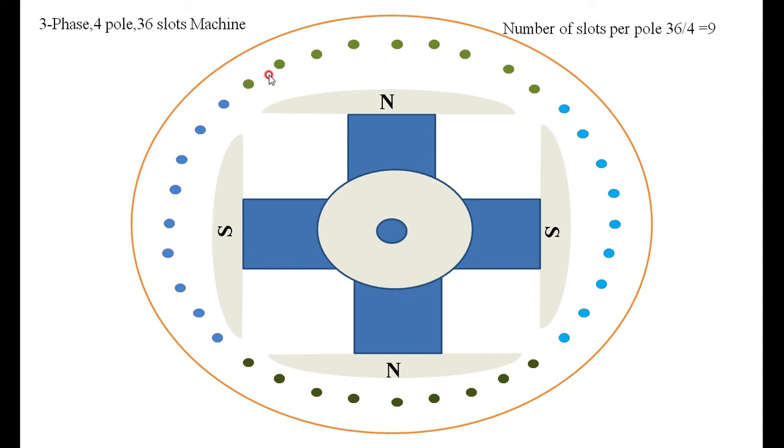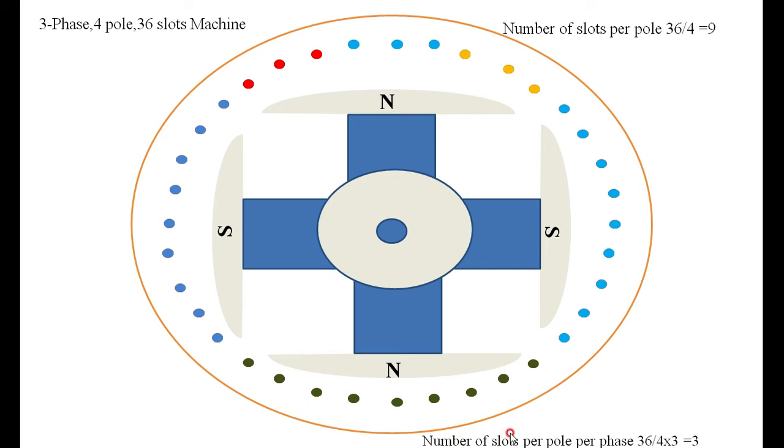At the same time, the number of slots per pole is nothing but the pole pitch, which is equal to 180 degrees also. Now, once again these slots under each pole can be distributed for 3 different phases because we are studying the 3-phase alternator. Therefore, these 9 slots under each pole should once again be distributed for 3 different phases R, Y and B. Just observe here.